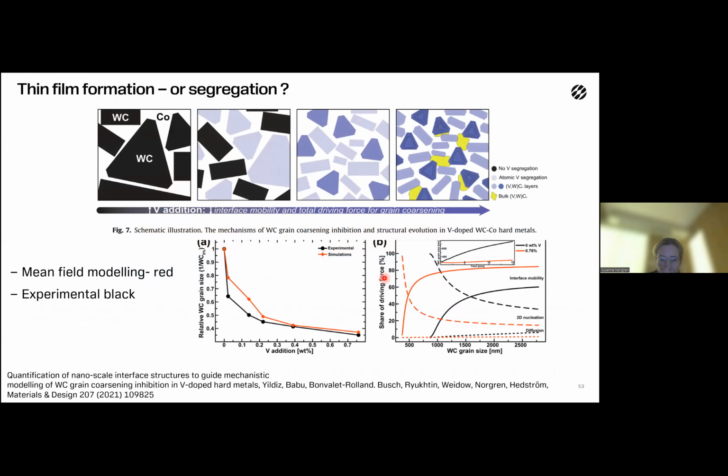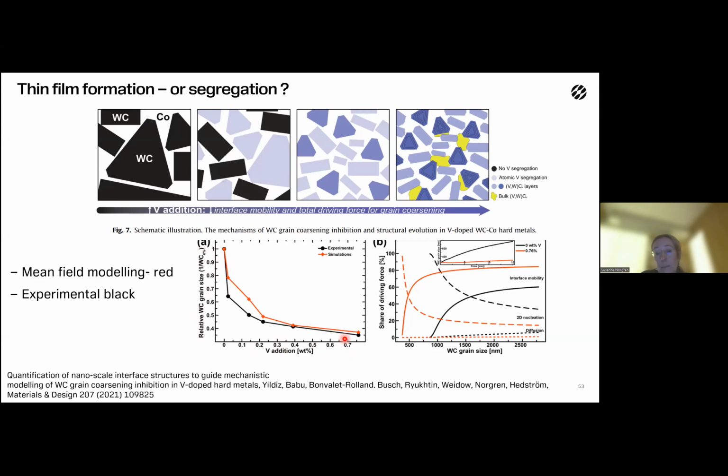So we tried to look at this a little bit to see if we could understand this, combining lots of different types of investigations, both modeling and grain growth coarsening. So here you have the relative tungsten carbide grain size as a function of the vanadium addition. And you can see how it dramatically decreases the tungsten carbide grain size as the vanadium addition increases.